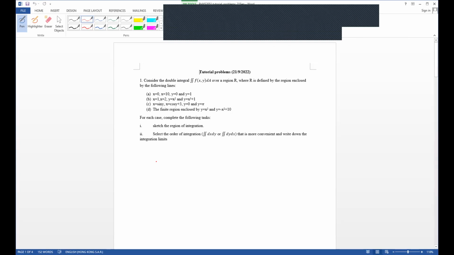In this problem, we are not really going to do the integration. We are just going to set up the integration limit properly. Let me set up the scenario. We are considering the double integral, so I have some function represented by this curved surface, but it doesn't matter what it is.